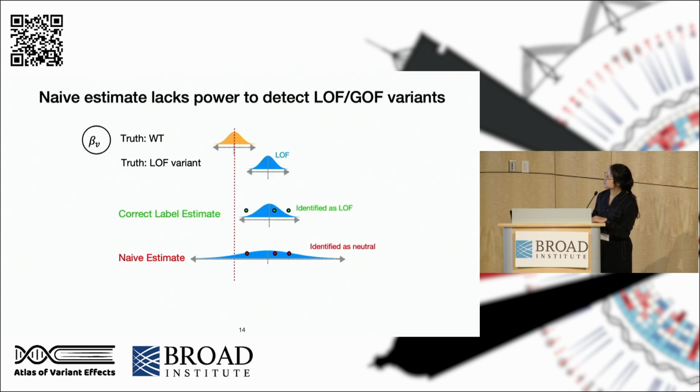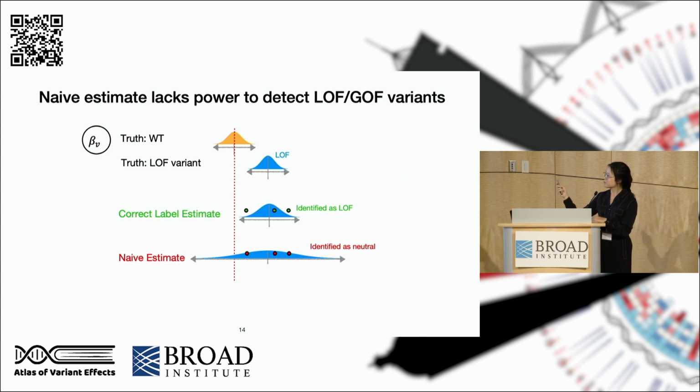And here I'm trying to show you why it's a problem. The naive estimate lacks power to detect these variants. For example, here we have a loss of function variant. In the ideal case, you want to distinguish that this blue distribution is indeed different from the orange.